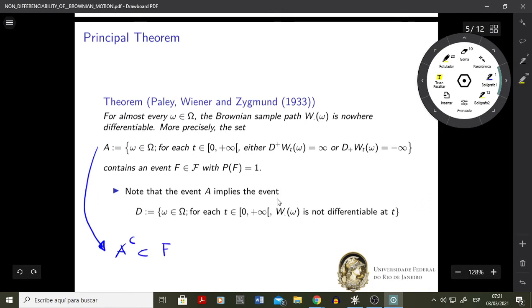We will find a measurable null set, okay, with probability 0. But we are working in a complete probability space. For that reason, this set also is measurable and with probability 0. Actually, we will work with the complement.